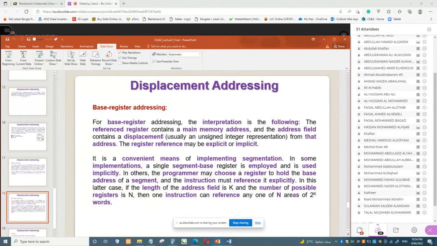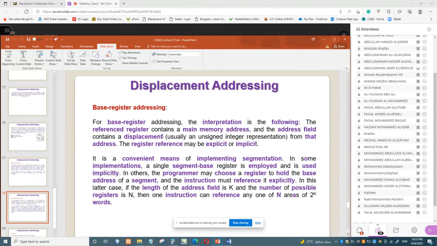In your instruction itself, you will have two parts. One part contains the number of the register that holds the main memory address, but that address does not contain your operand. With that address, you have to add some displacement, and that displacement is also in your instruction.